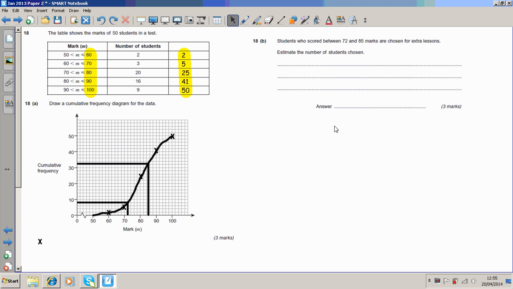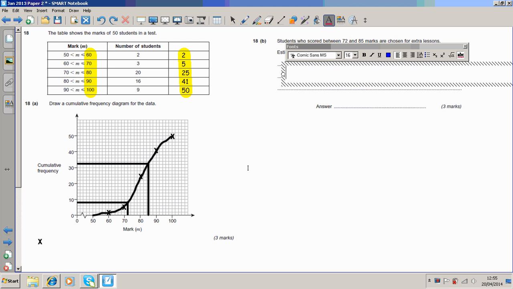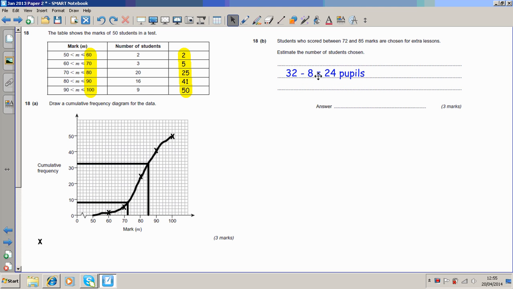So estimate the number of students chosen. What we do is we take these two numbers away, a bit like an interquartile range when we do them. So there's 32 pupils minus 8, which is 24 pupils in that section there.